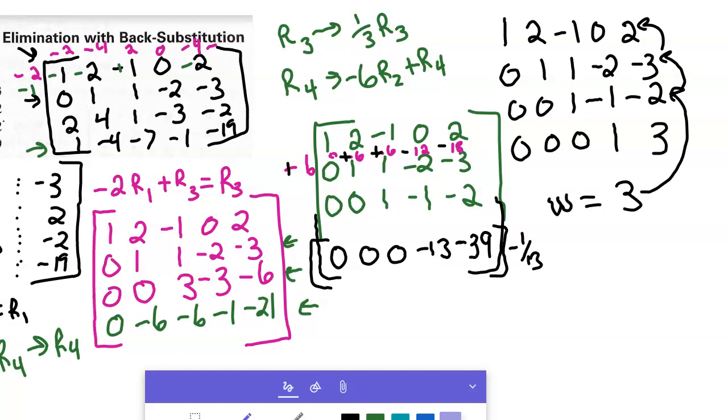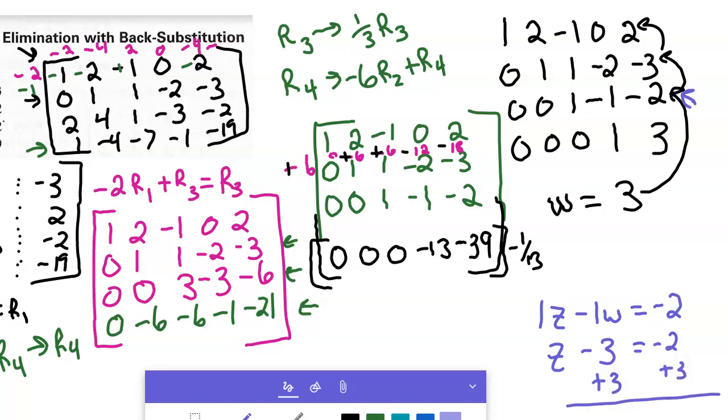So this second equation, I'm going to go to purple here. This equation basically says 1z minus 1w equals -2. So you plug the 3 in for w, so z minus 3 equals -2. You add the 3 over, and so now we know z is equal to 1. So we've got 2 of our answers.